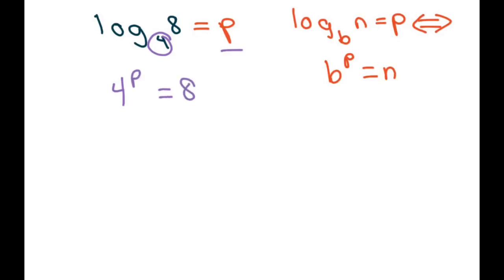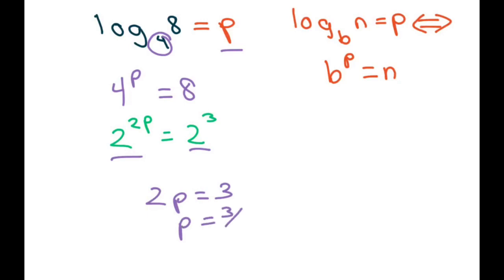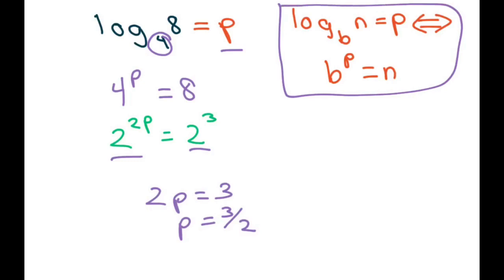Then you solve it like a normal exponential equation. I'm going to change my base to 2. So this would be 2 to the 2p equals 2 cubed. Since my 2's match, I just have to solve for p. So I have 2p equals 3, so p equals 3 divided by 2. So just remember this formula on those.